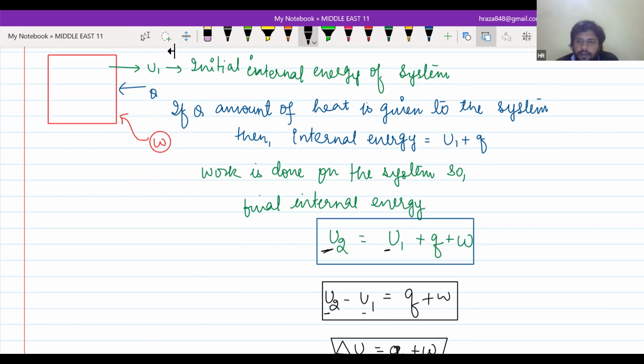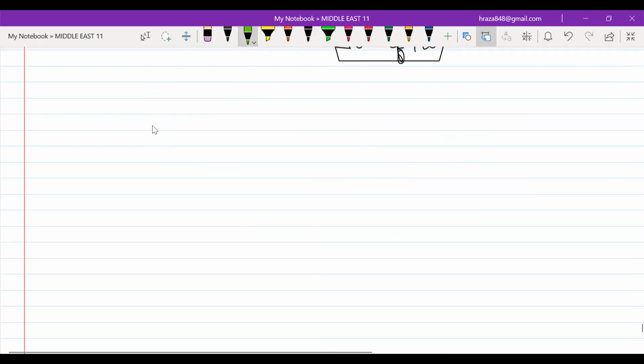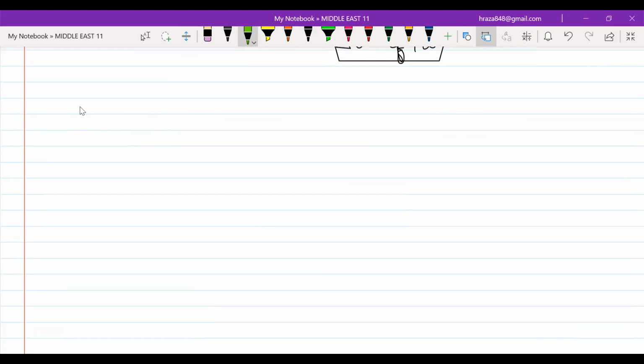Now here you can see. Do you remember what is a path function and what is a state function? A state function depends upon the initial and final point. A path function depends upon the path taken as well, so it depends upon initial and final as well as on the path.